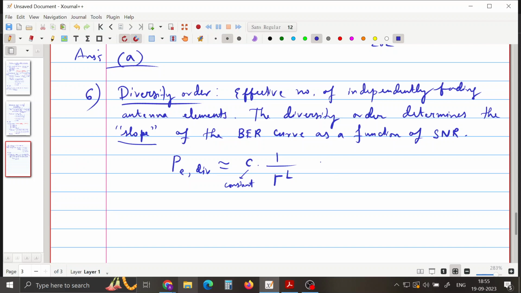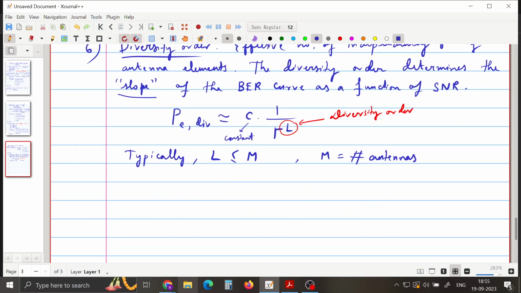And this L is your diversity order. It was mentioned that typically L is less than or equal to M, where M is the number of antennas.